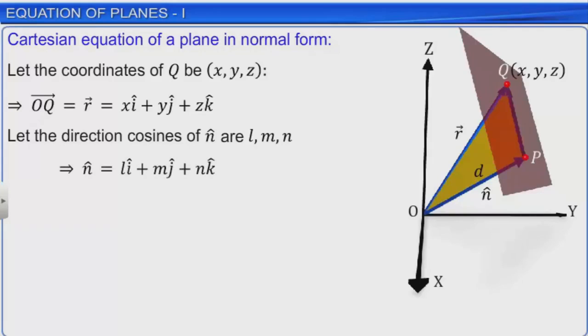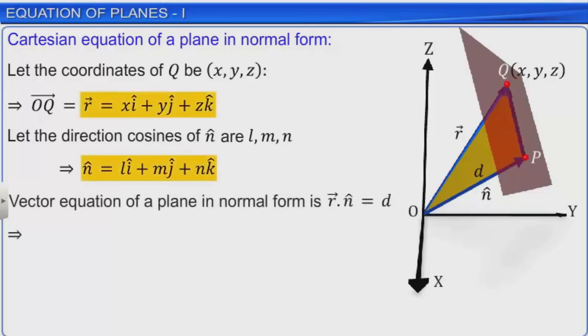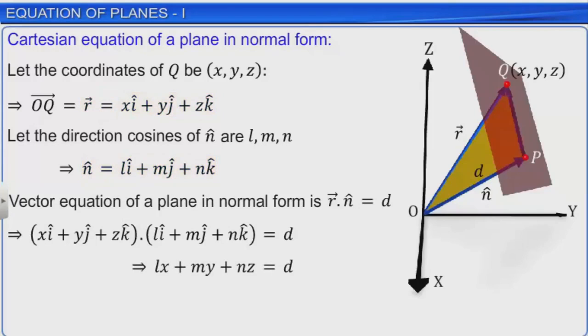Substituting the component forms of vector r and unit vector n in the vector equation of a plane in normal form, we get the equation as shown. On simplifying, we get the Cartesian equation of the plane in normal form.